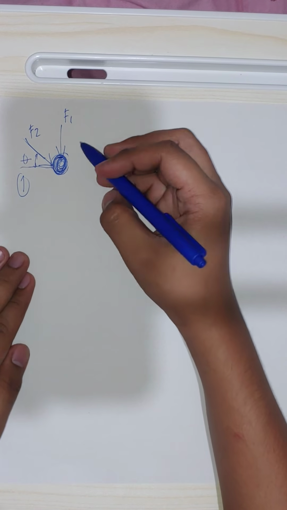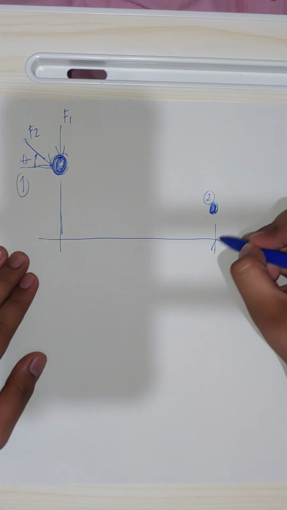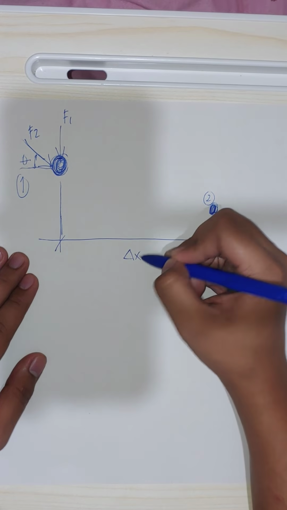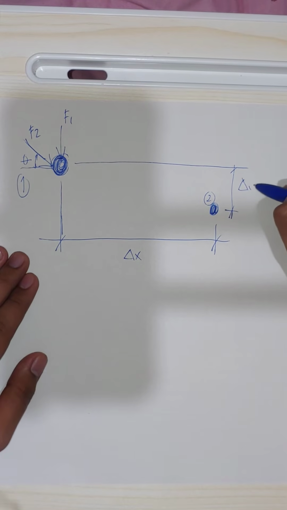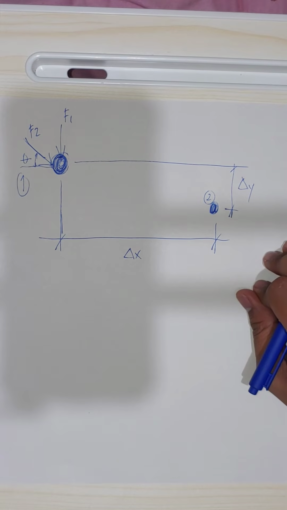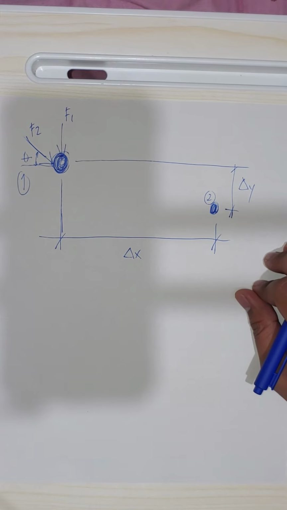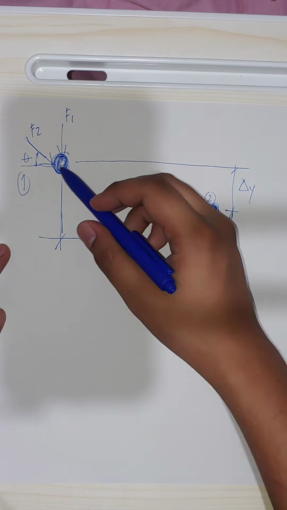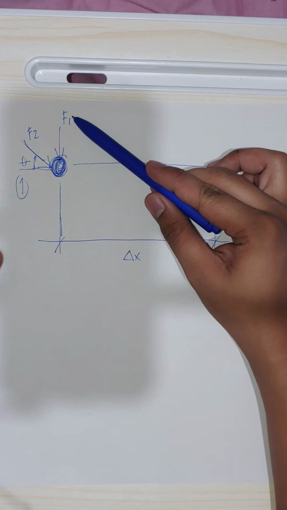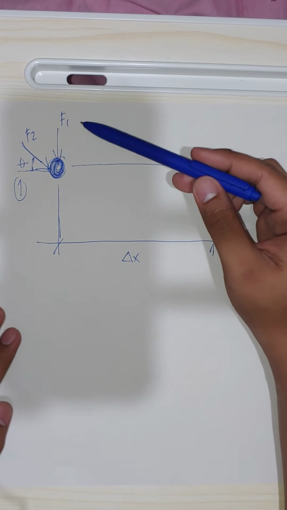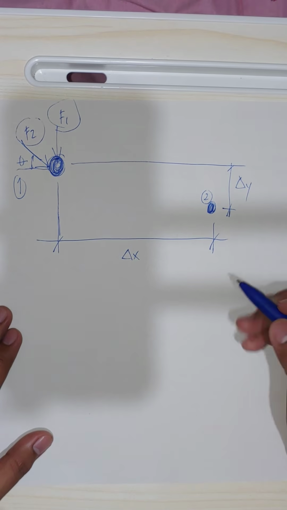Again, we have a displacement along x, and we also have a displacement along y. Again, work happens if the force applied to an object causes the object to change its position or be displaced. So since it is displaced, there is work. In this case, since we have two forces, we have the work due to F1 and the work due to F2. As simple as that.